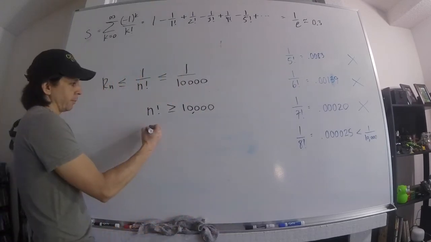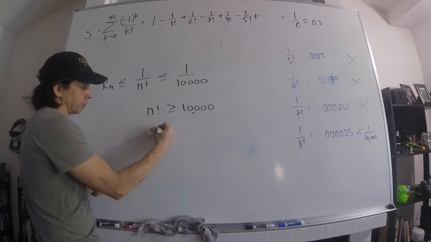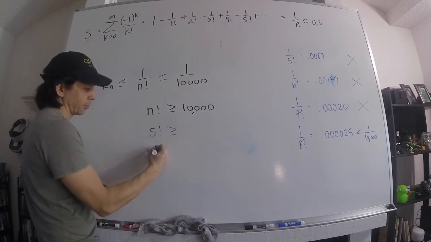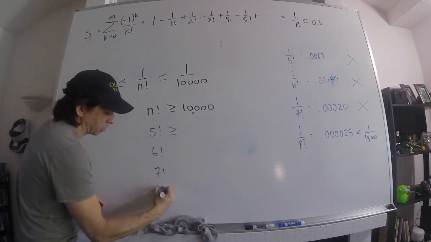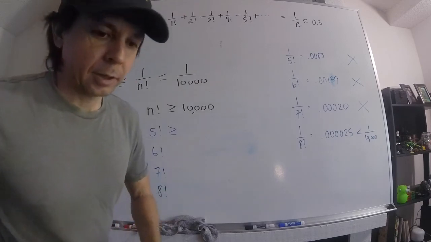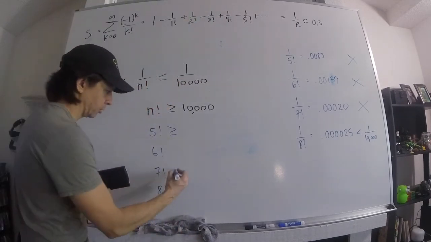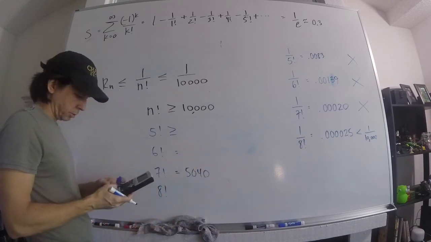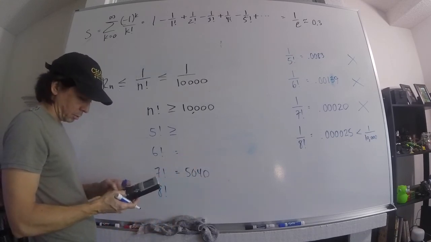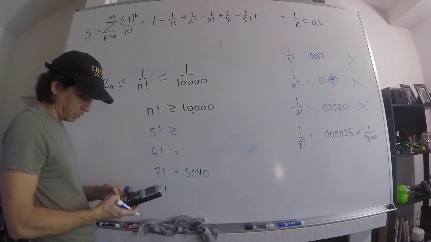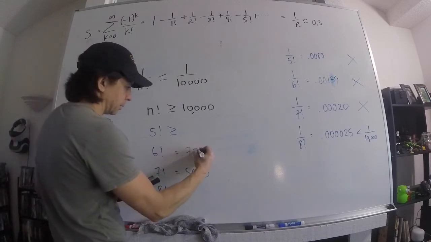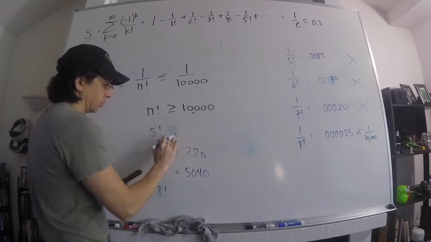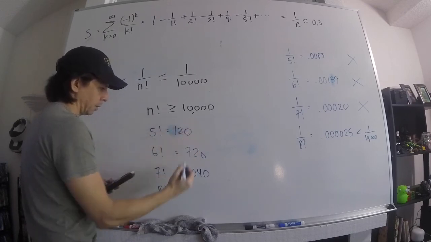Either way, it would have been way easier, I agree, for me to just start plugging and chugging into this. So I will look at n equal to 5. Is 5 factorial greater than that? 6 factorial, 7 factorial, 8 factorial. And I did this, this is 5,040. This was 720. This one was 120.